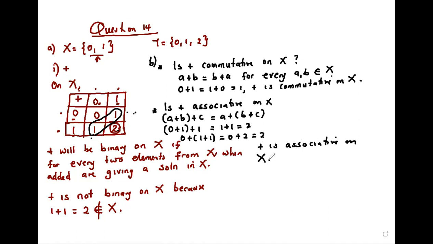So we needed to check if it's binary on X, if it is or not. You also comment on whether it is commutative, if it is or not, and whether it is associative, if it is or not. Plus on X goes through being binary, commutative, associative.